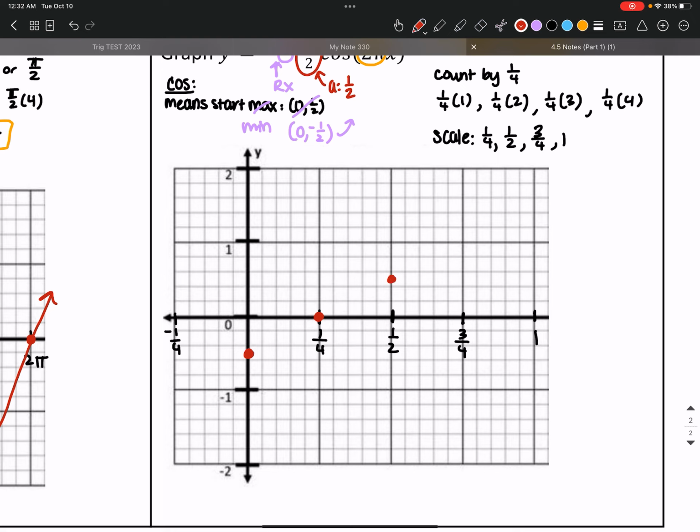And then at 3/4, I'll be back at the middle. And then at 1, I'll be at -1/2. If I were to put something on -1/4, it would be at 0. And so what I'm going to see is this wave like this, and that is what my graph looks like.